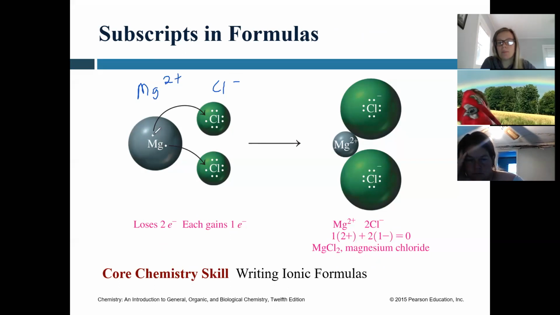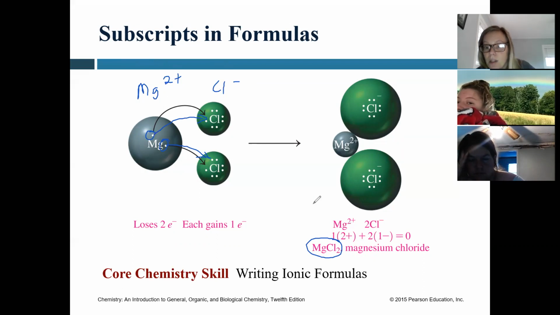If the chlorine only wants to accept 1 of these electrons, well, somebody has to accept this other electron. So another chlorine is going to accept that secondary electron. So your formula for this will actually be 1 magnesium with 2 chlorines, or MgCl2, because the magnesium has more to give than just a single chlorine can accept.